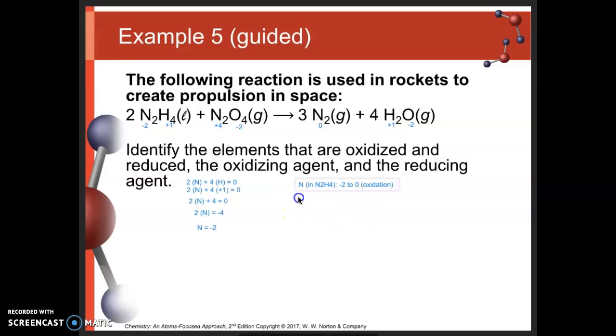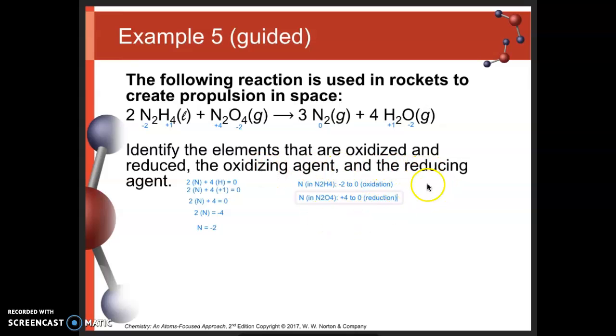And the nitrogen in the dinitrogen tetroxide went from positive 4 to 0. That would be a reduction. So to answer the questions, what is oxidized and what is reduced, the nitrogen in hydrazine was oxidized. The nitrogen in the dinitrogen tetroxide was reduced.